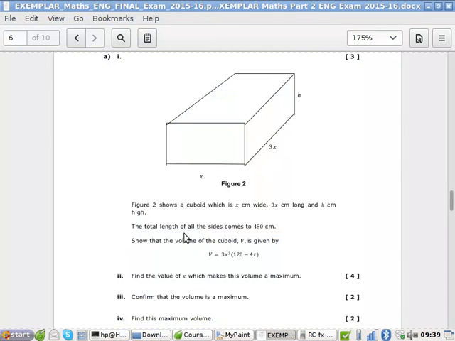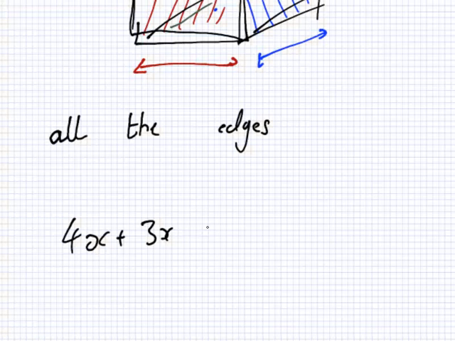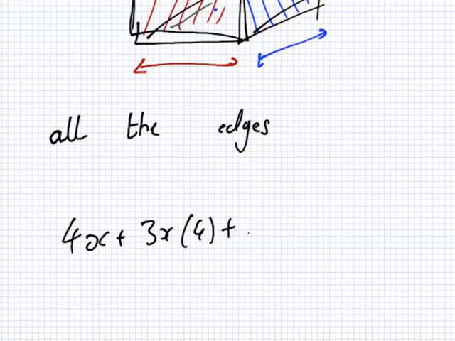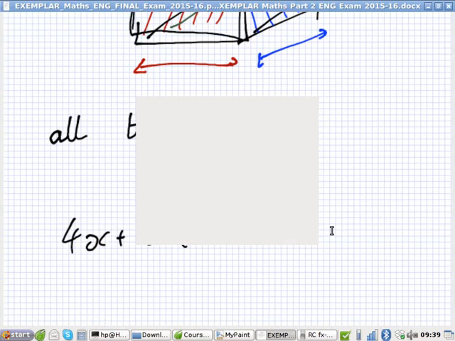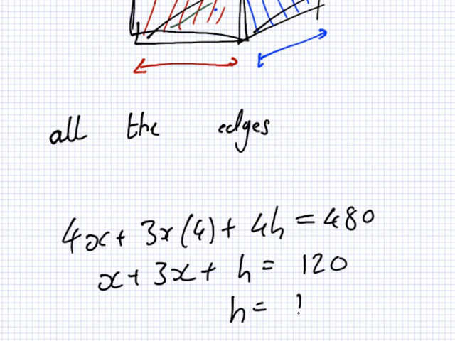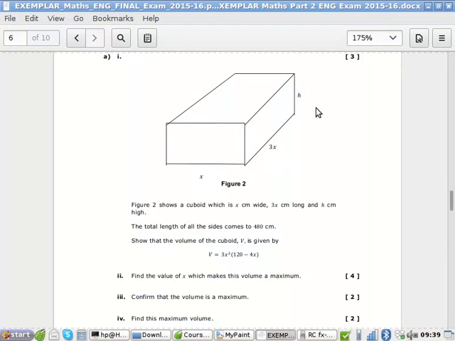And how many 3x's do I have? 4 of those. And then how many h's do I have? 4. And that should equal, we think, 480. If I divide by 4, yeah, then volume would equal x by 3x by h.